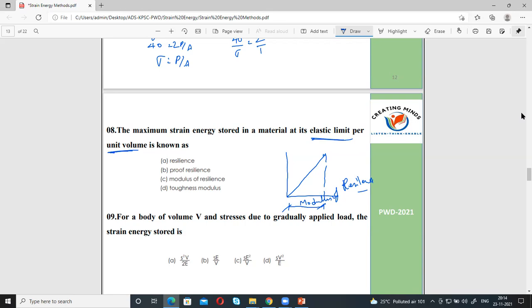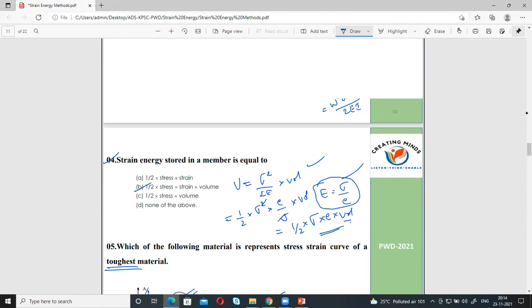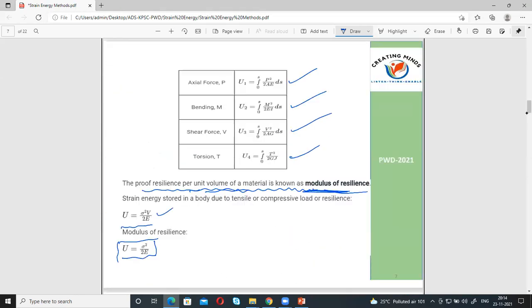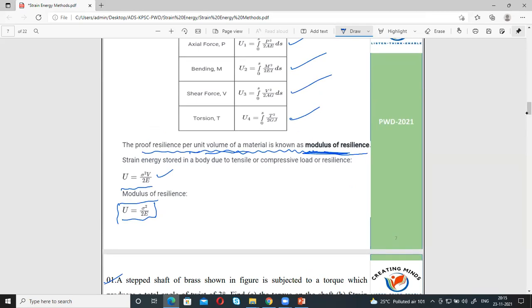Unit volume. Hence, this is called modulus of resilience. Any doubts? For proof resilience, try to read the one more sentence I have given: the proof resilience per unit volume of a material. See, proof resilience is not a definition of the word. Proof is nothing but a kind of stress.